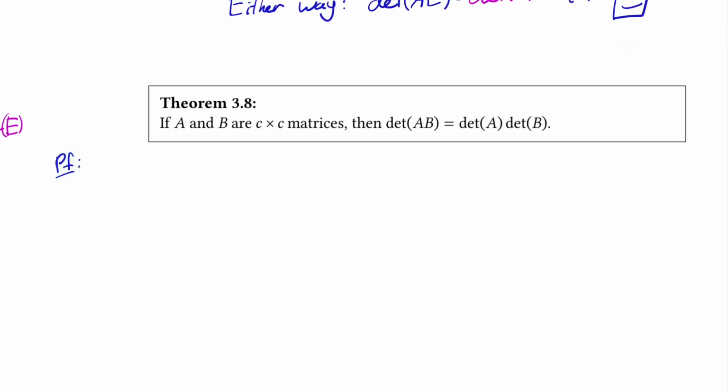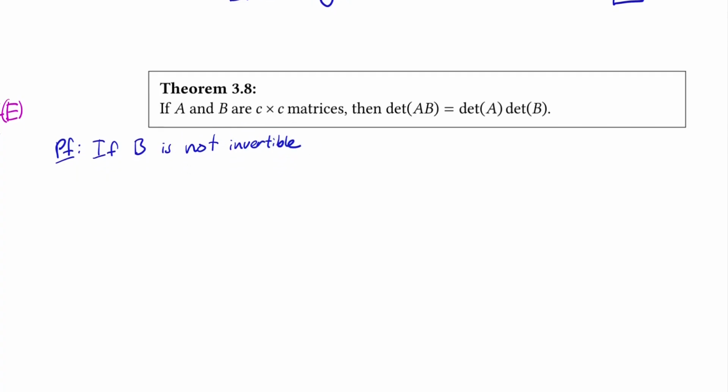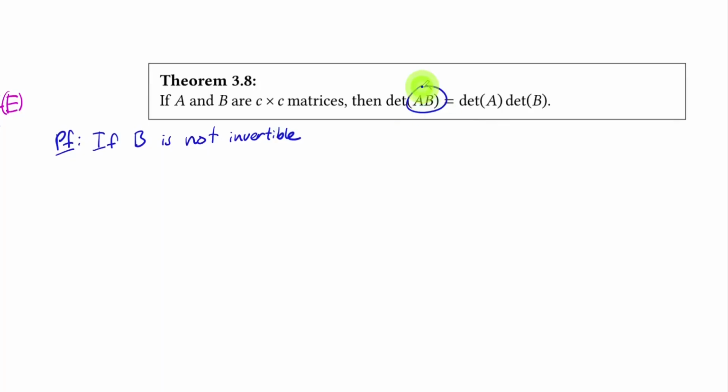Now, there's two possibilities, and we're going to have to sort of prove them separately. One is that if B is not invertible, it turns out that that implies that AB is not invertible. And why is that? You're going to prove that in an exercise in 2.4, or you probably already have at this point.